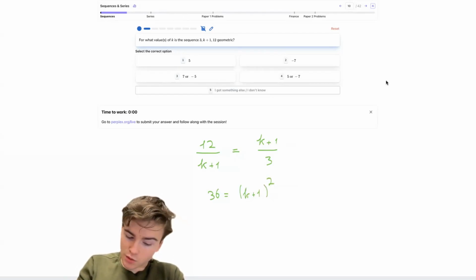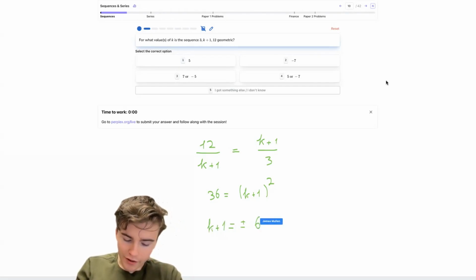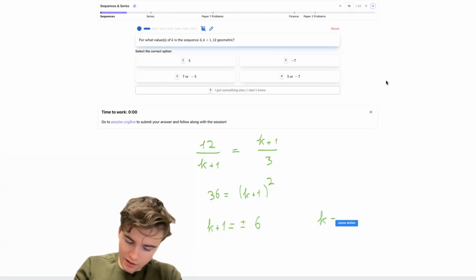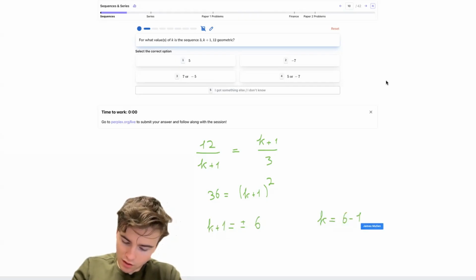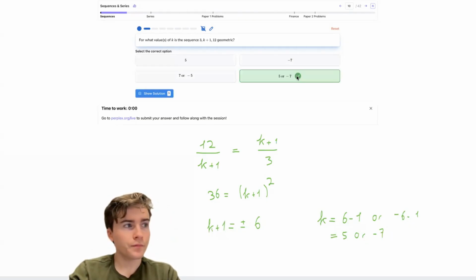And I can actually take the square root of both sides. That's a little bit easier. So k plus 1 is equal to plus or minus 6. So I either have k is equal to 6 minus 1 or minus 6 minus 1. That's going to be 5 or minus 7, option 4.